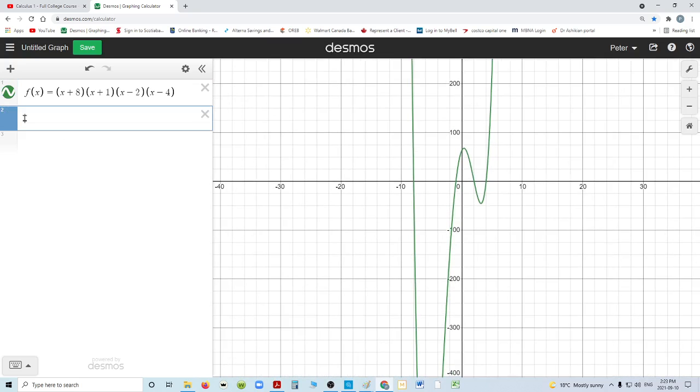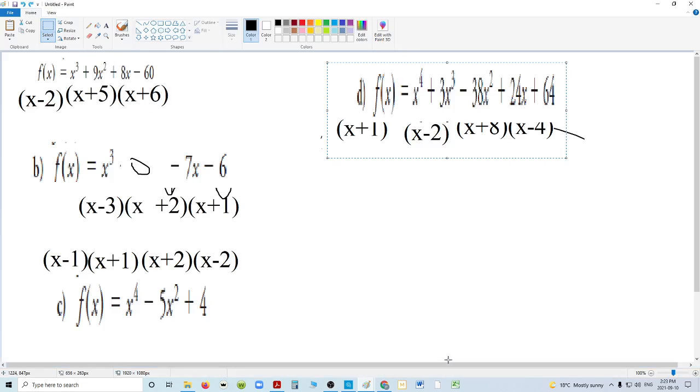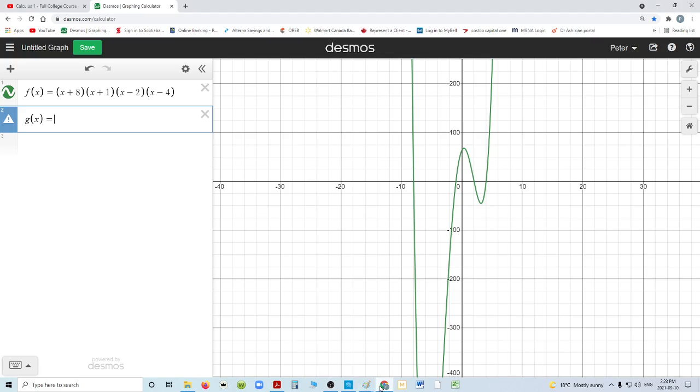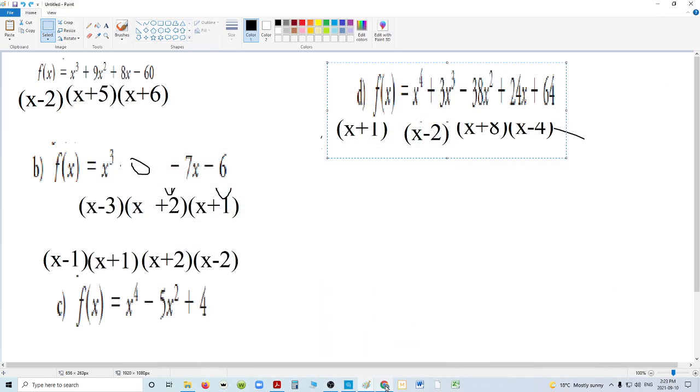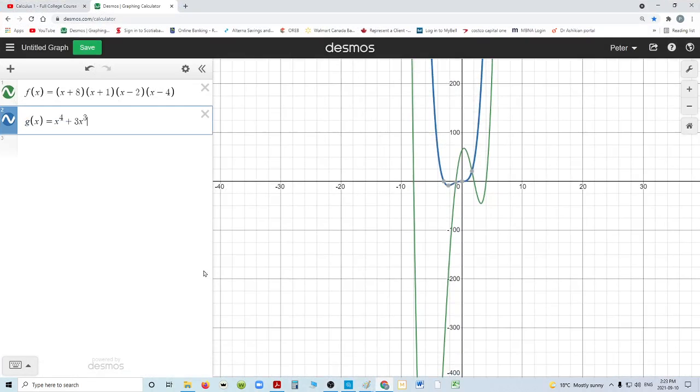And just to make sure we got it right, you can write the original equation, which this is the last time I'll write the original equation. Well, we can see we're dealing with x to the 4 plus 3x cubed minus 38x squared plus 24x.